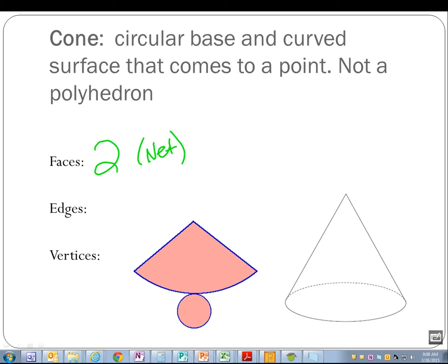Then with the edges, there's only 1, because the edge is going to be circular. Okay? We only have 1 base because it is a circular base, as it says right here. Then we have vertices. There's only going to be 1 technically because that's where the cone comes together.